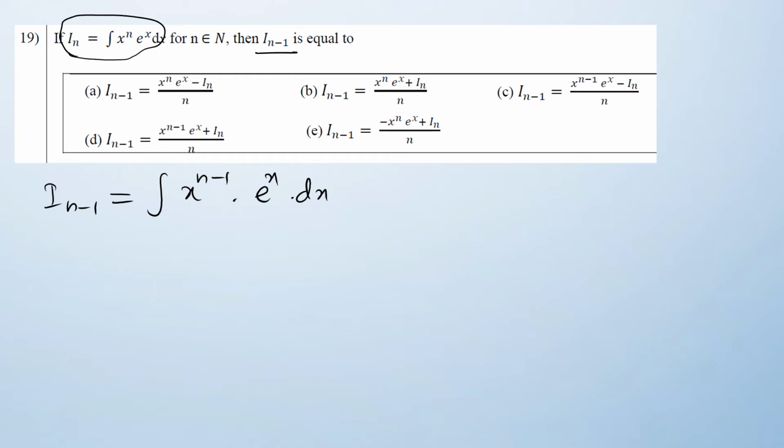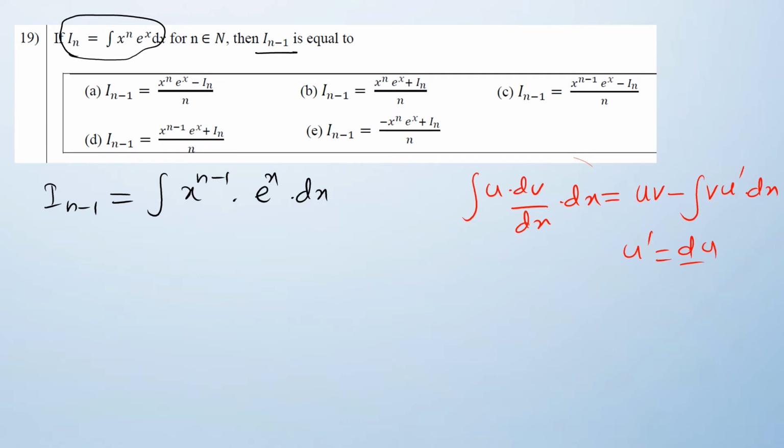Since we have a multiplication of two functions here, you have to use the product rule, d(uv)/dx = u dv/dx + v du/dx. With this, you can expand the integration as uv minus the integration of v u' dx, where u' equals du over dx.